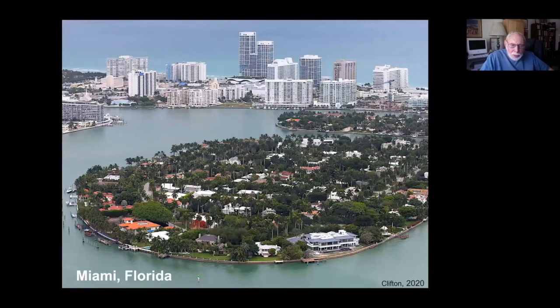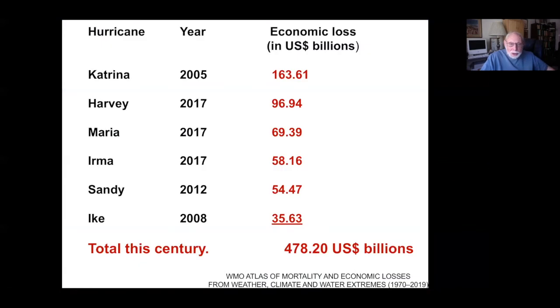A city like Miami, it's been questioned as to whether the city can be saved economically, whether it's worth trying to preserve it or whether they're just going to have to let it go. So it's a serious issue. The economic losses in just this century from hurricanes has been about $500 billion.